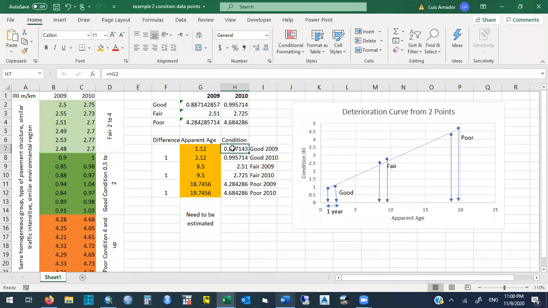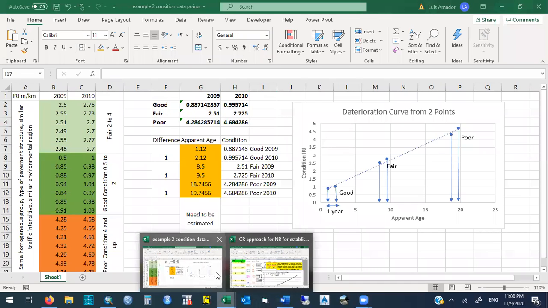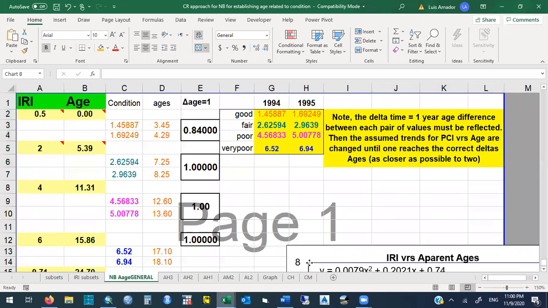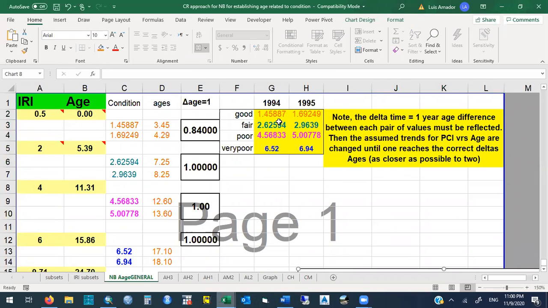So let us take this and process this in a more formal way. This is the calculator to generate this type of performance curve. So now we're doing 2009 and 2010 values, right?